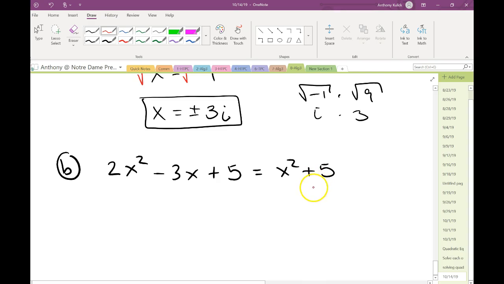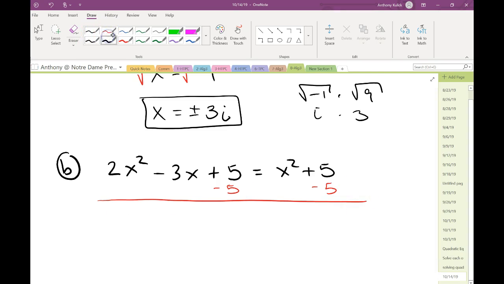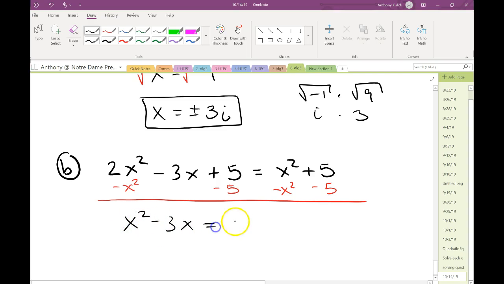Okay, you want to get everything onto one side. Sure. Okay. And as long as we're doing that, what else should we do? X squared, you mean? Okay. So when I do that, I get x squared minus 3x equals 0. Okay. How do I want to handle that? How do I want to solve that?